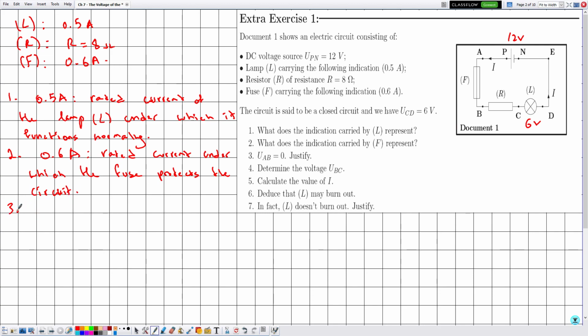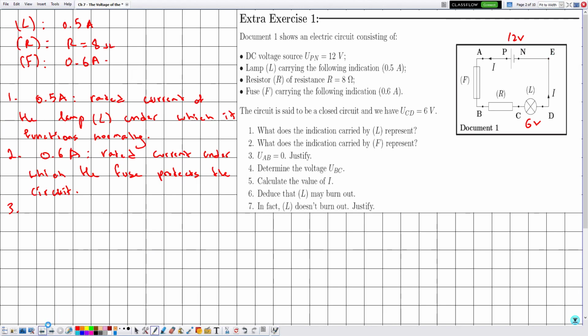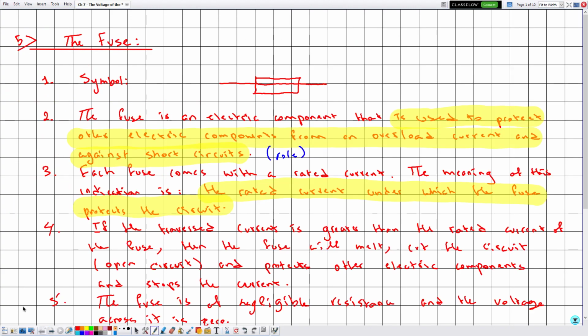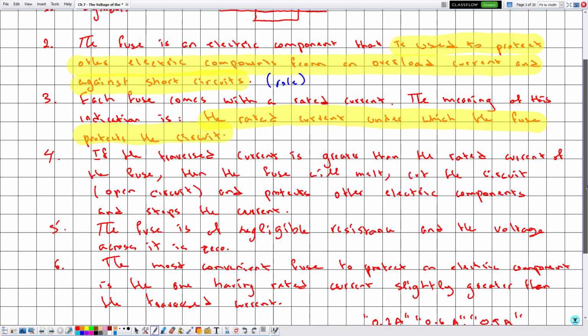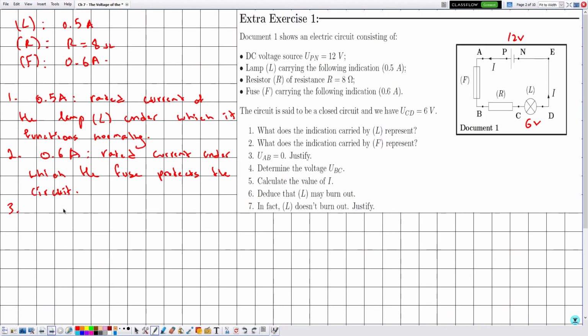Now as for number 3, they are telling me UAB is equal to 0. Notice that UAB is the voltage across the fuse, and we know that the fuse is of negligible resistance. So idea number 5 is that the fuse is of negligible resistance, which means the voltage across it is 0.